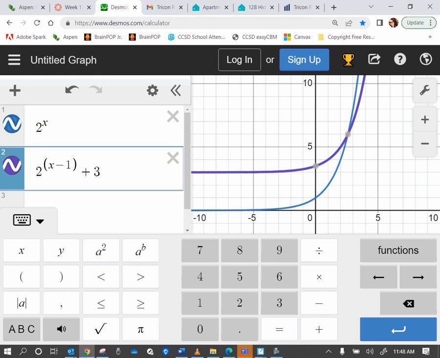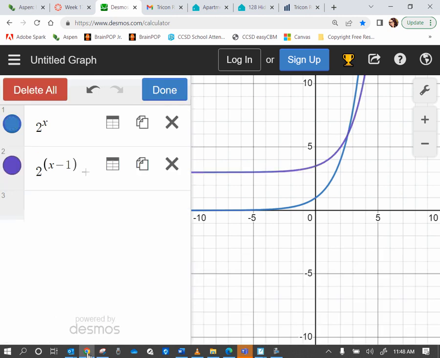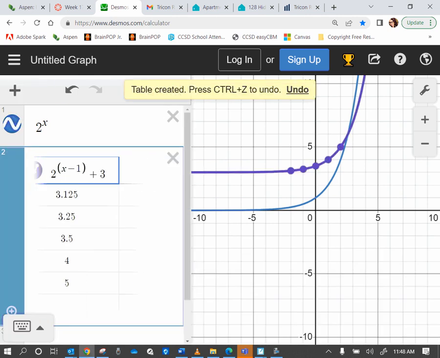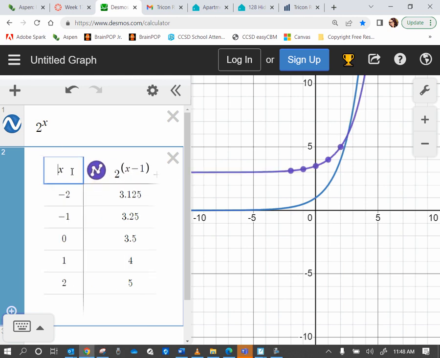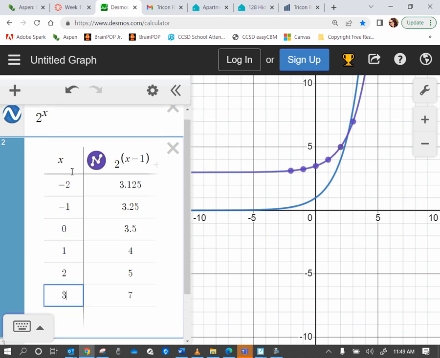So some points we can get. I don't understand why it goes all the way over there. Okay. I would start at 0 and use those points. 0, 3.5, 1, 4, 2, 5, 3, 7.